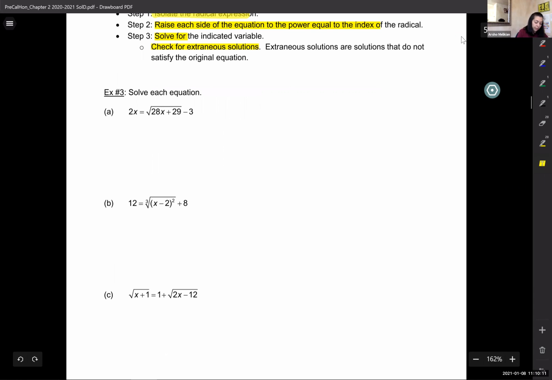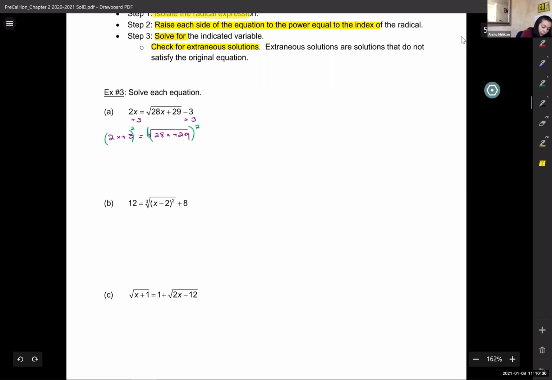So for this one here, you want to isolate the radical expression, right? So we're going to add 3 to both sides of this, making this 2x plus 3 equal to this. Then, because it's a square root, I need to raise this to the power of 2 on both sides.